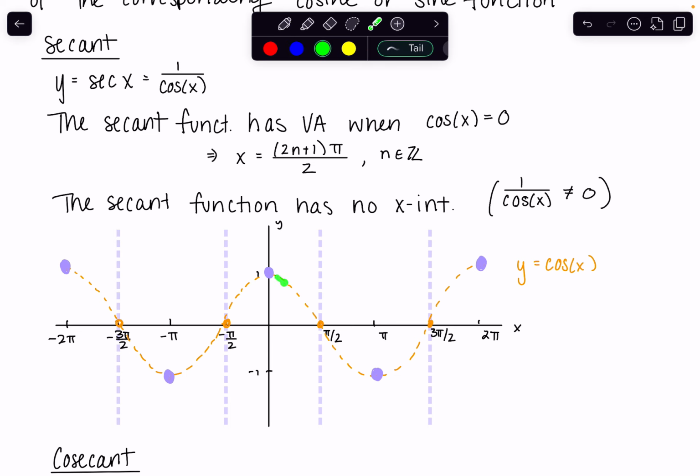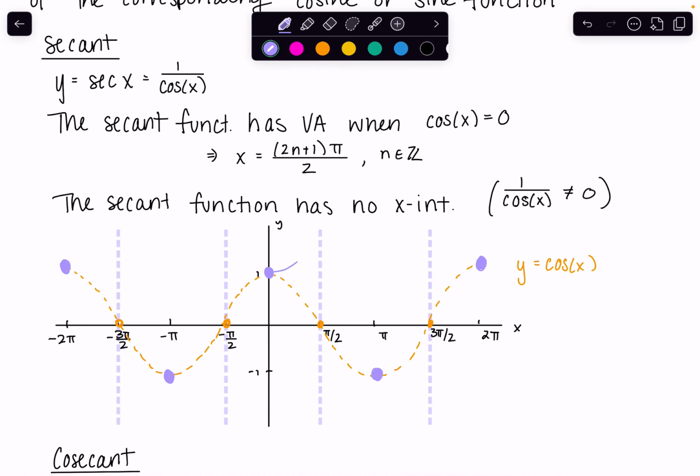What ends up happening here is you have a decimal between 0 and 1. So if you think cosine is really close to 0 here, when you put that in the denominator, it's going to flip and become a really big positive value.